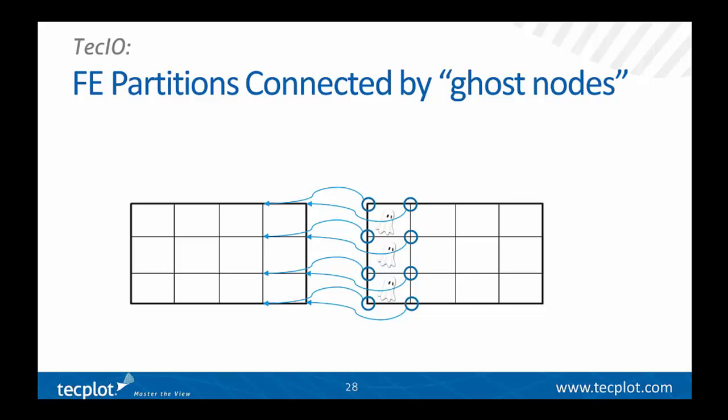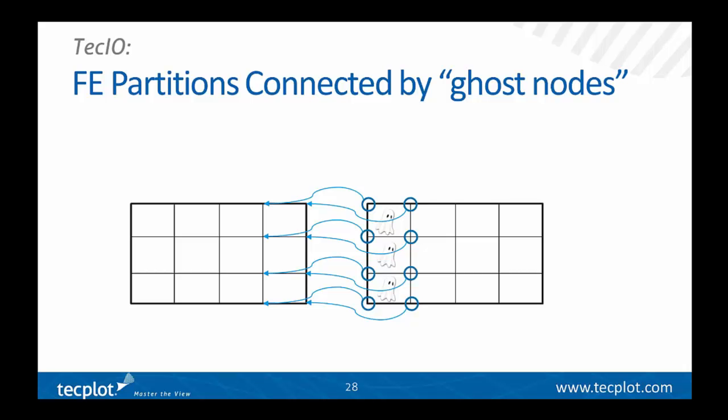And in order to exchange data with neighboring partitions, each processor needs to know how its ghost cells relate to the non-ghost cells of its neighboring partitions. And similarly for nodes, it needs to know how its ghost nodes connect to the non-ghost nodes of its neighbors.